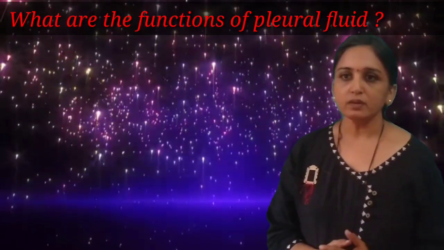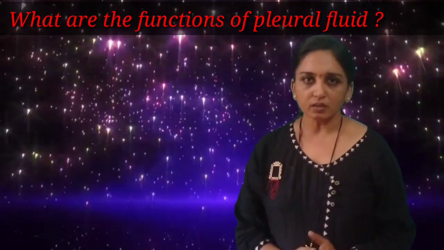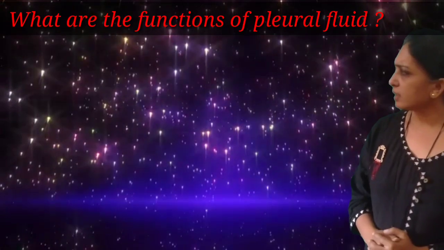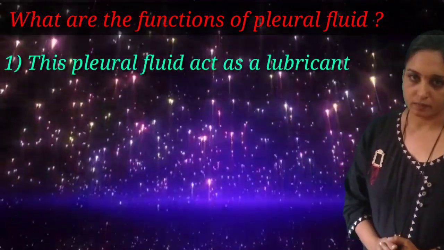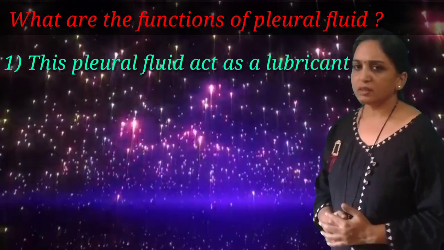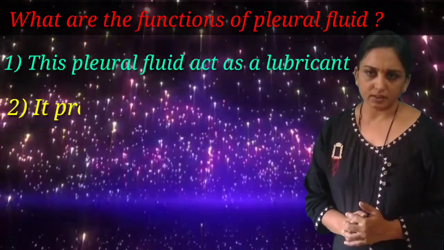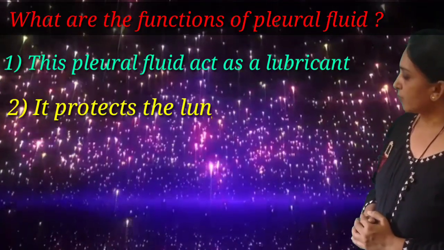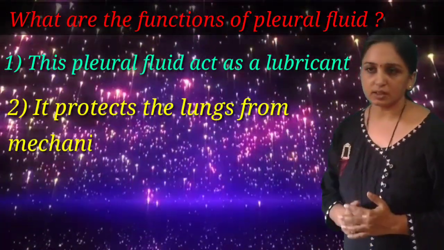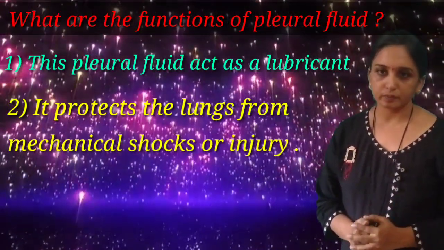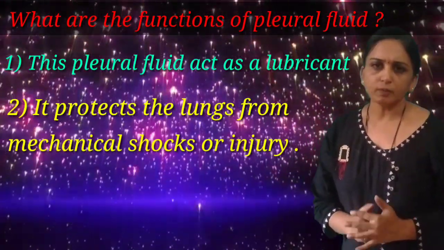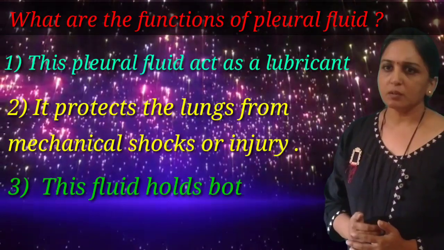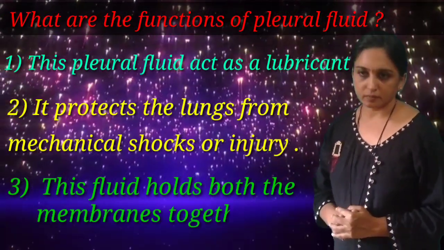Now, what are the functions of this pleural fluid? This pleural fluid acts as a lubricant. Second, it protects the lungs from mechanical shocks or injury. Third, this fluid holds both the membranes together.